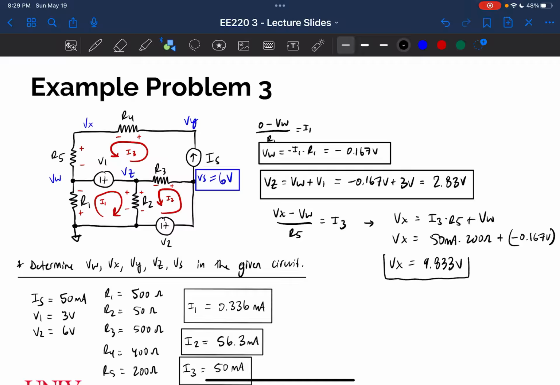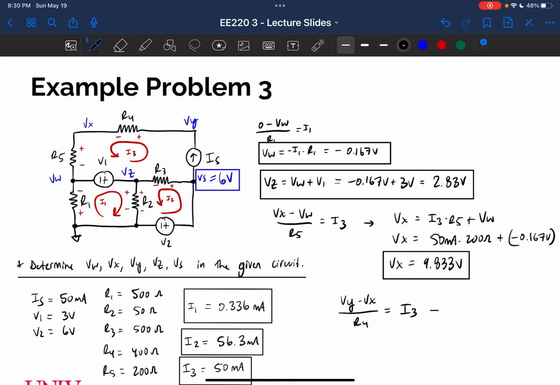All right, and my final value here is Vy, which again I can find very easily by looking at the voltage drop across R4. My voltage drop is going to be Vy minus Vx, divided by R4 gives me I3.